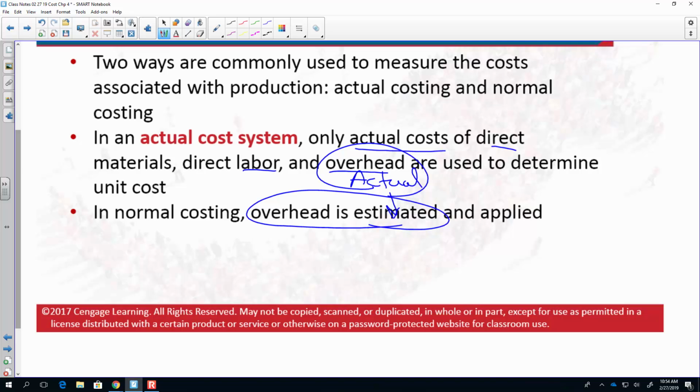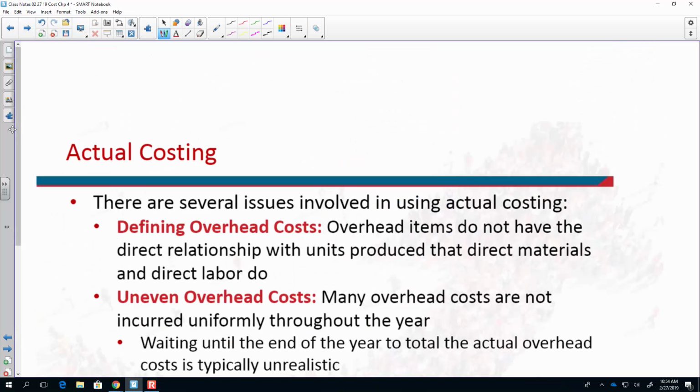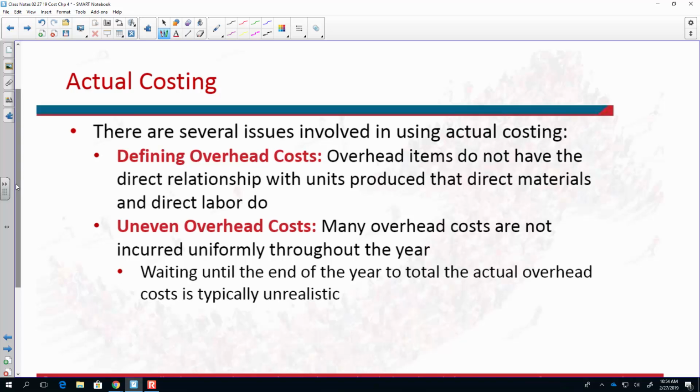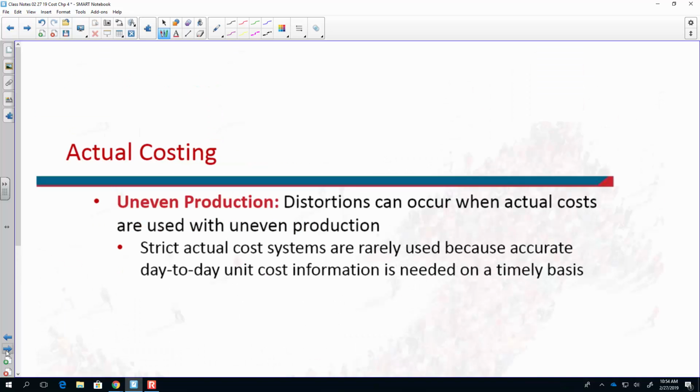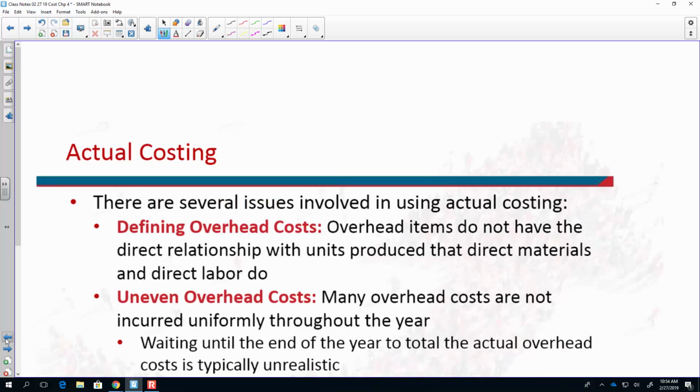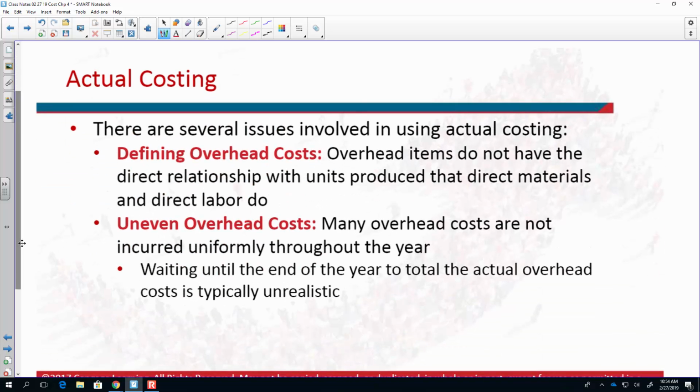And the author talks about the speed issue. You can't rely on actual costing, because speed is an issue.